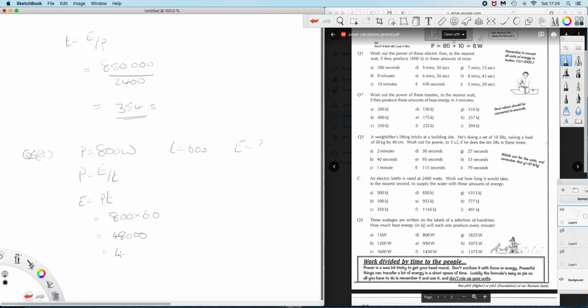So it's 4.8 times 10 to the 3 joules. So there you have an example on each of these 5 questions. Questions 1 and 2 are very similar. 3, 4 and 5 are looking at different ways of arranging the formula in order to get the answer.